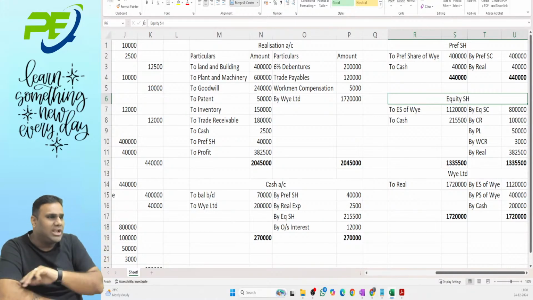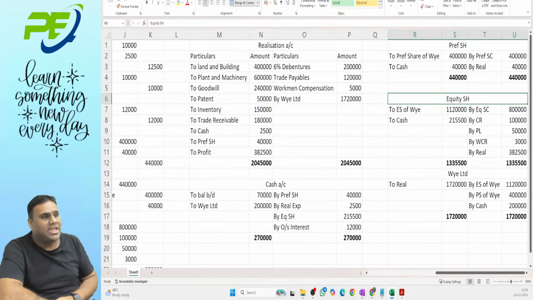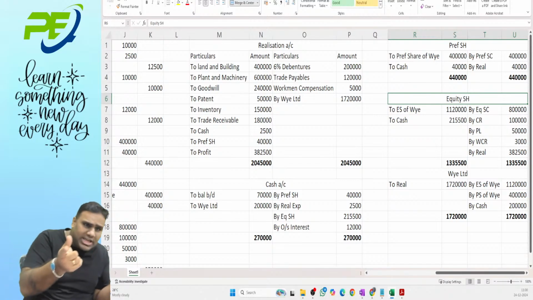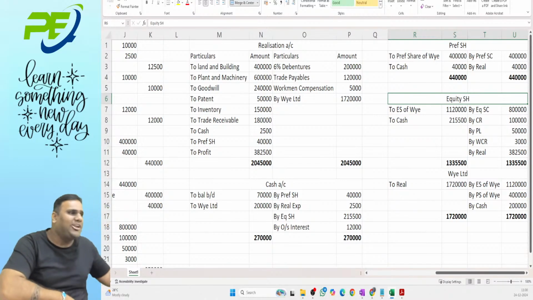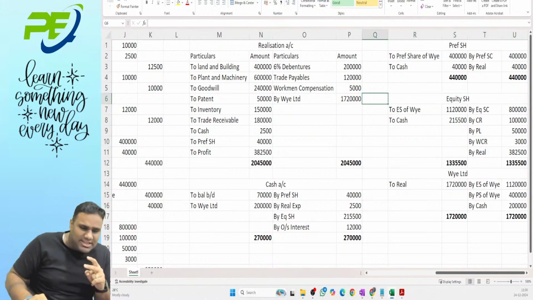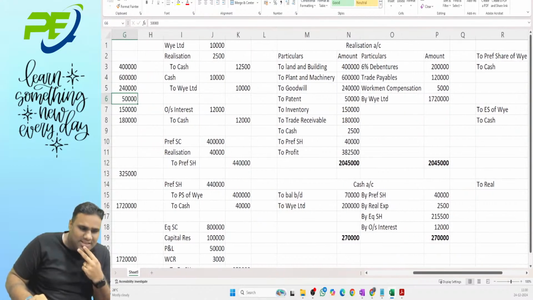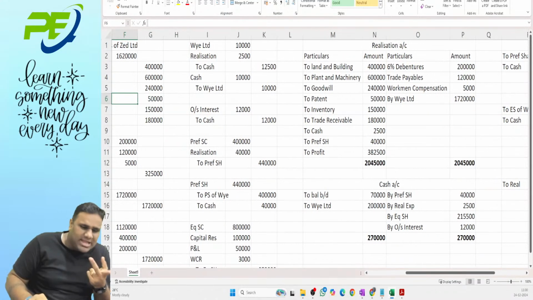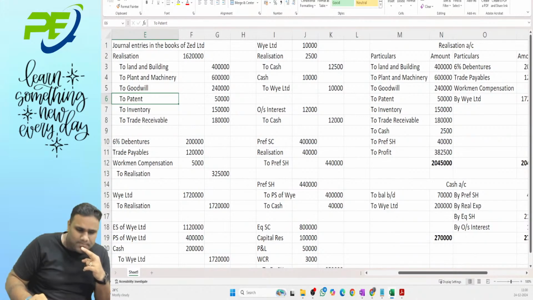I have not prepared a few relevant ledgers. What other ledgers will you prepare, like equity share capital, preference share capital? I have prepared equity shareholder and preference shareholder. I did not prepare capital accounts, so they might ask you capital accounts. Then what are the other ledgers involved? That's all. That's okay. Only one reversal.